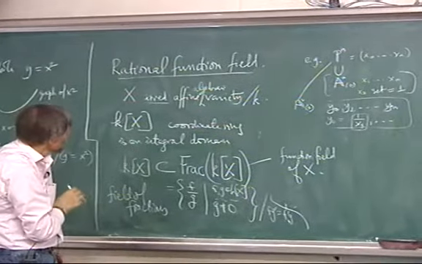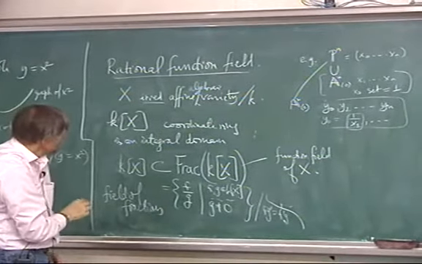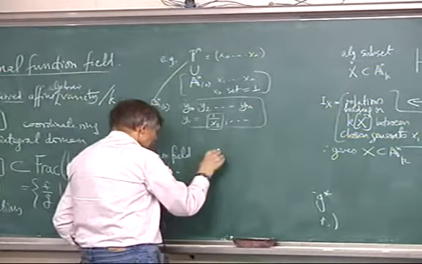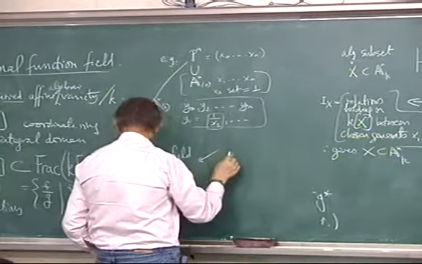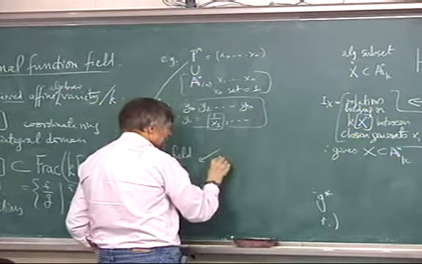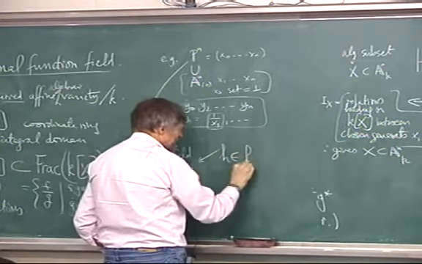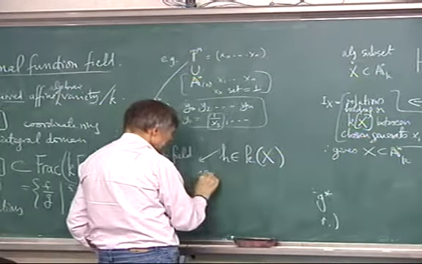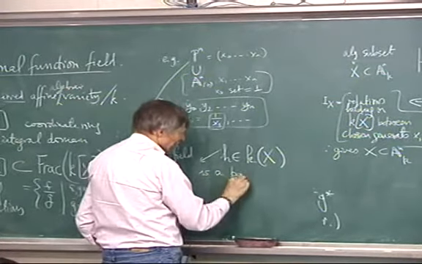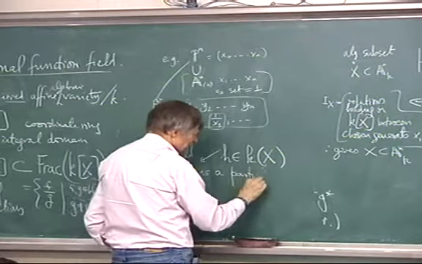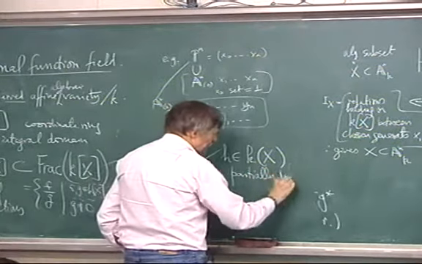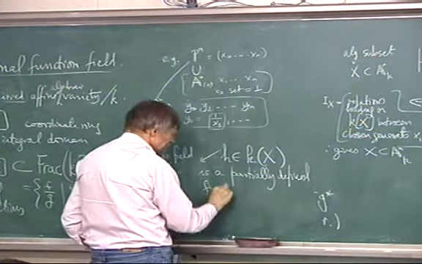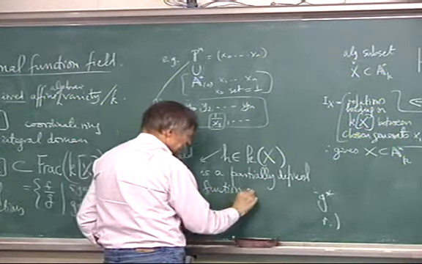This is a slightly tricky notion. So if I take an element, let's take h in k(x), it is a partially defined function on x.